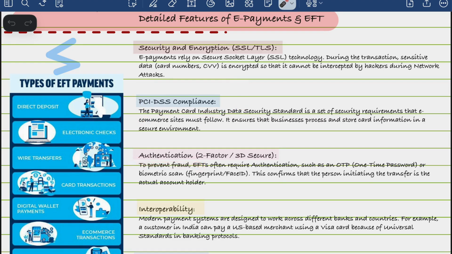Next comes authentication, which we call multi-factor authentication. To prove the person spending the money is actually the account owner, we need to prove that the money is coming from the account owner. The system requires a secondary verification layer.